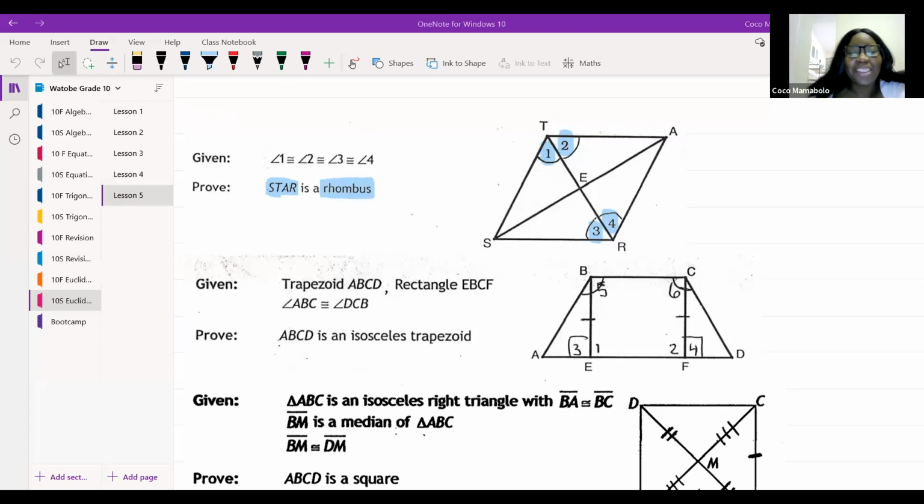What properties of a rhombus do we know? Anybody got anything? Yes, we know for a fact that it's going to have 4 sides. But what do we know about a rhombus specifically?